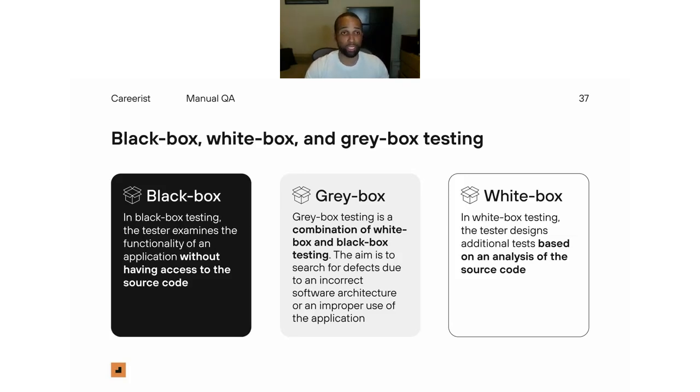Now, I'm a big guy for examples because I like to visualize certain things. So I like analogies. My analogy for black box, white box, and gray box is going to restaurants. I like a lot of restaurants. So if I'm a customer at a restaurant, I sit down, I fold my napkin, I open up the menu and say, okay, waiter, can I please have the fish?